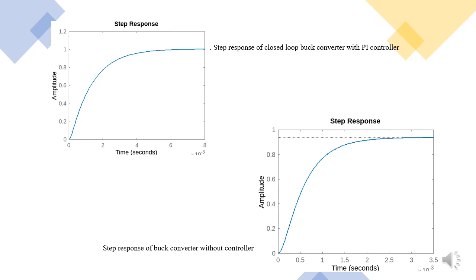Once the desired response has been obtained with the proportional gain, introduce the integral gain Ki into the controller. The integral term aims to eliminate any steady state error that might be present in the system. Modify the value of Ki until the steady state error is minimized or ideally completely removed.